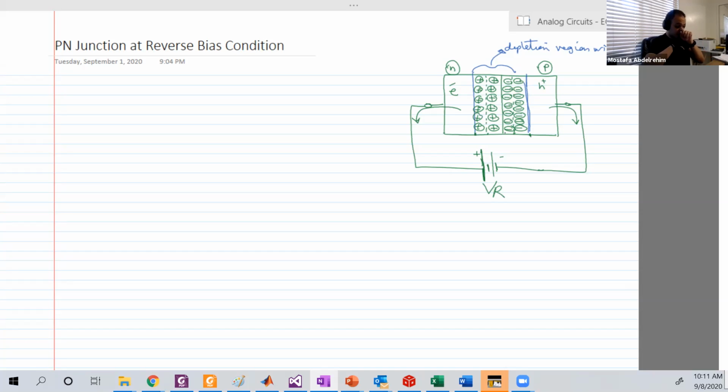Good. So the current in reverse usually is very small. The reverse bias condition is similar to the equilibrium, except that I just increase the conditions that lead to no current in equilibrium. And of course I widen the depletion region.